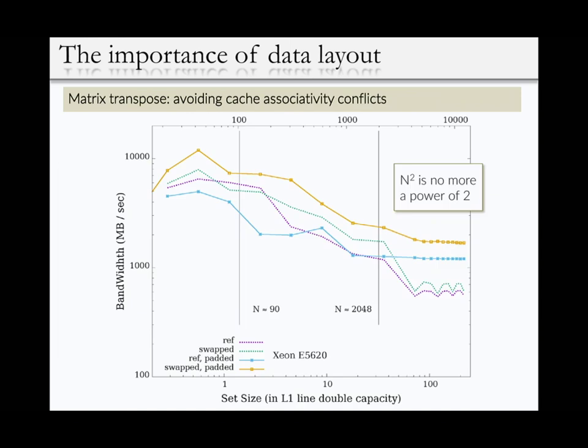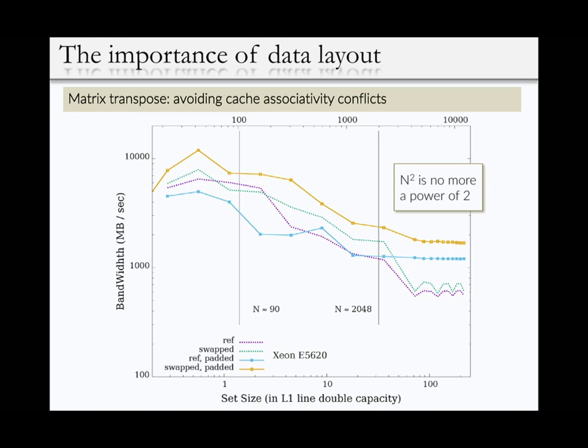So the violet line is the naive, simple version. And the green line is just with swapping, so the strided access is in reading and not in writing.